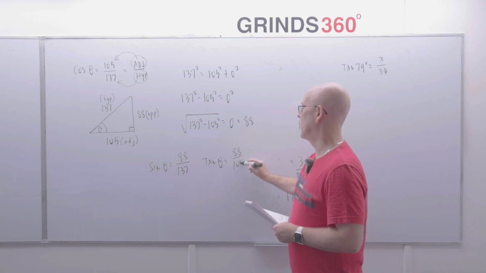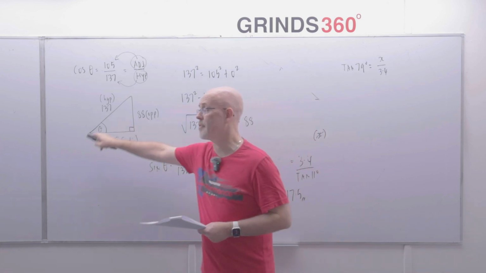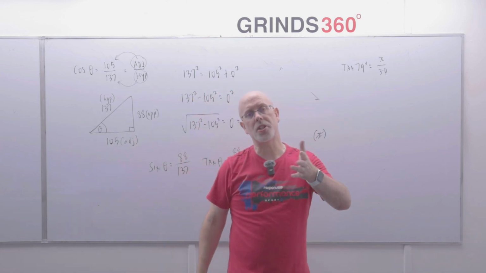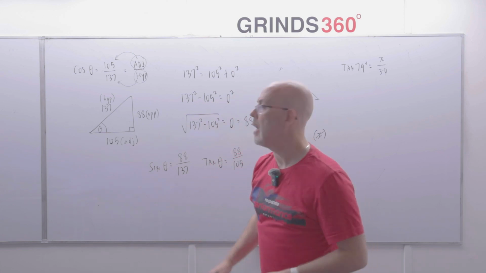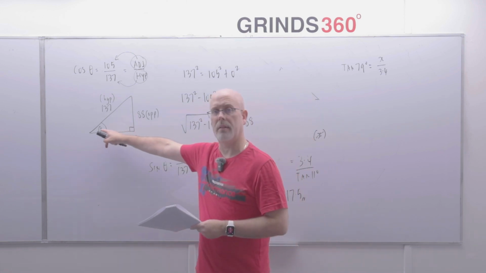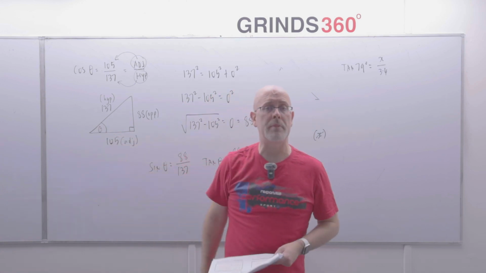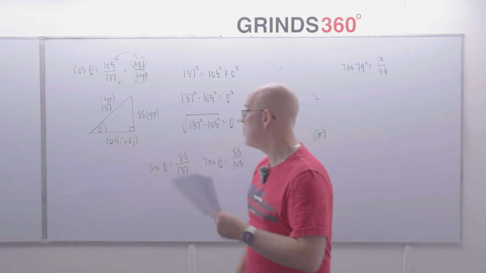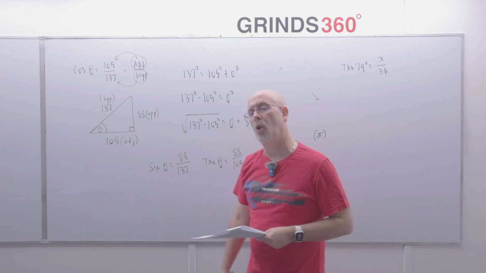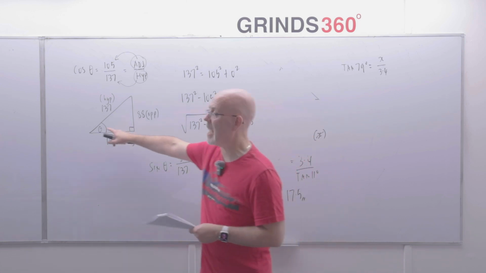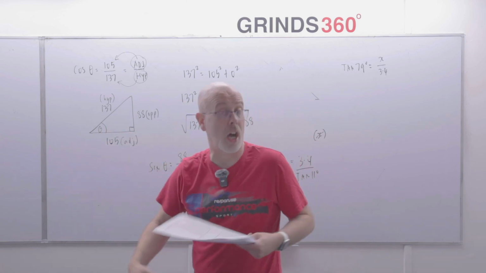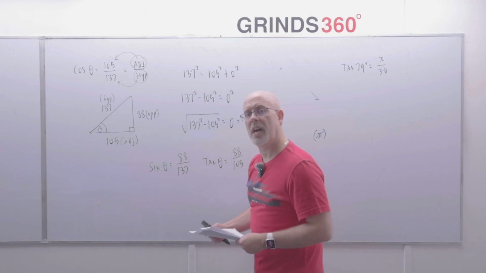There's my two other ratios. Remember, I haven't had to find theta. After the next lesson we will be able to find that angle and then calculate the ratios that way. But this way is better because it keeps everything whole numbers. If I tried to find that angle, I'd probably be moving into decimals. So it's not wrong, but it keeps everything a bit tidier if I can do it this way.